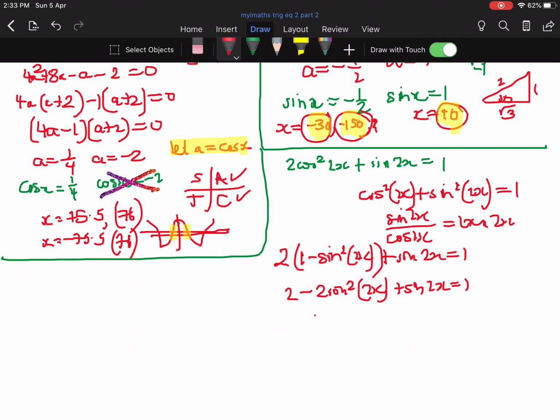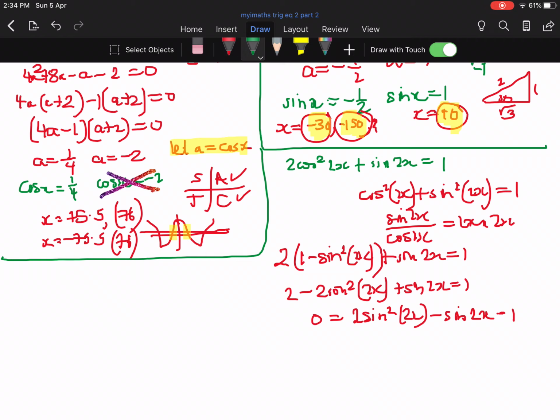Okay, I'm going to make this side 0 and bring everything else over. So 2 sine squared 2x, negative sine 2x, and then that would be negative 1 here.